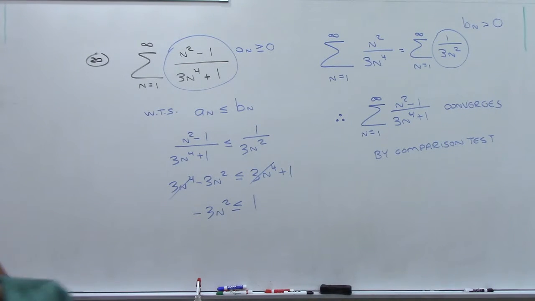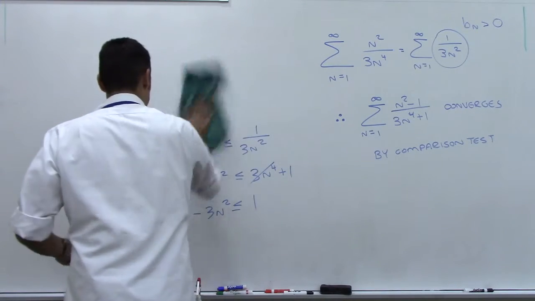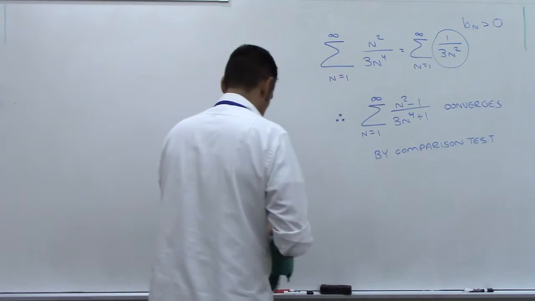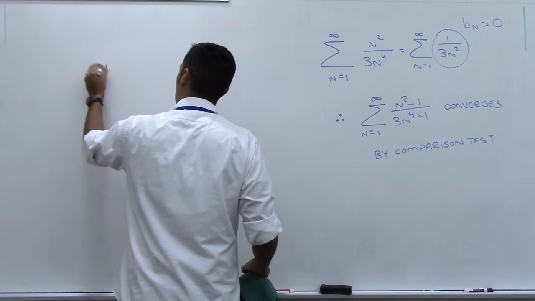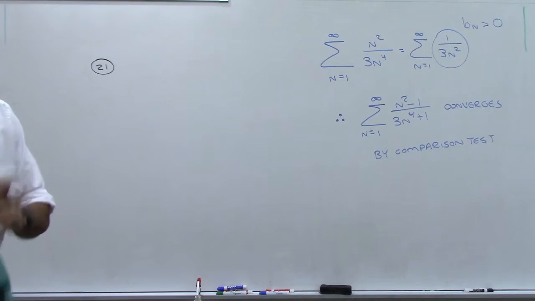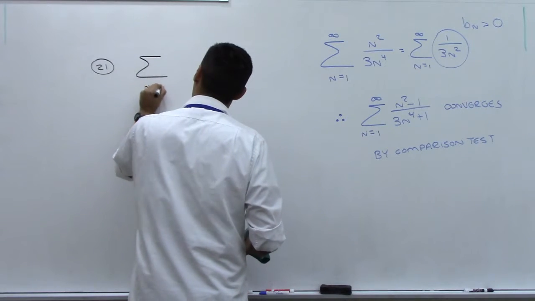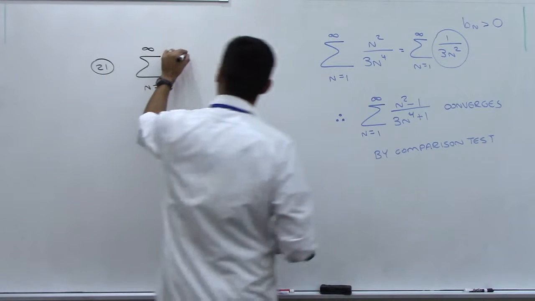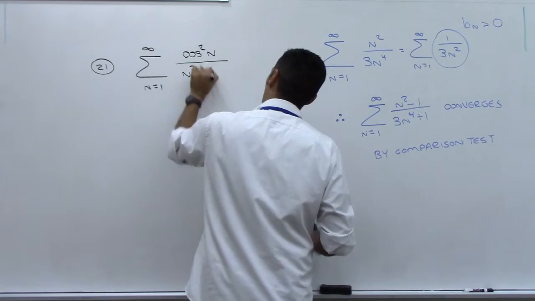All right, let's look at 21. The sum from n equals 1 to infinity of cosine squared n over n squared plus 1.